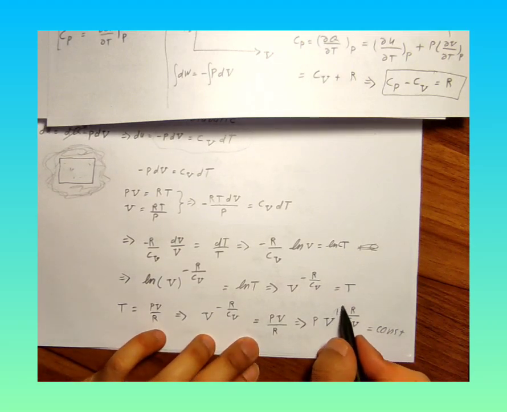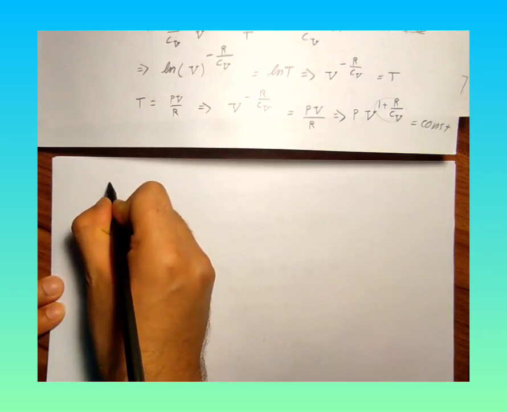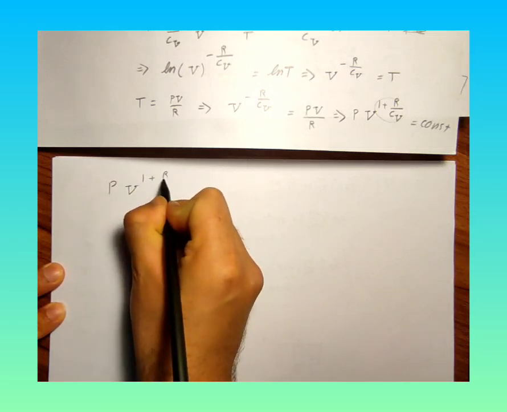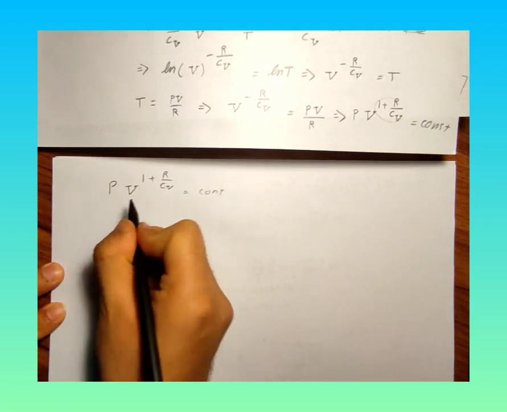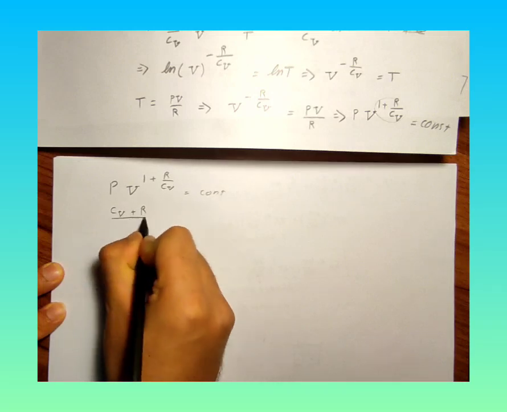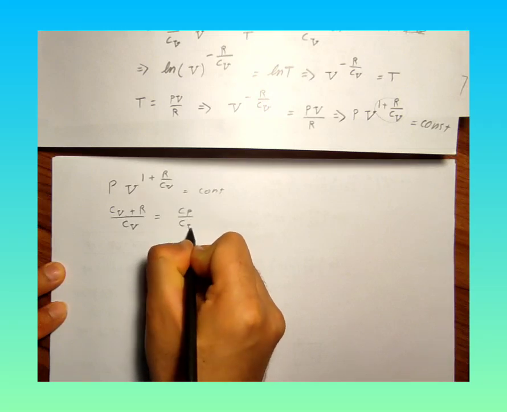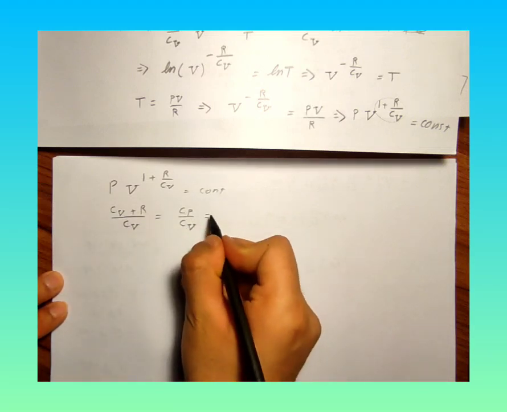Okay, what is the power? The power here, this is our relation, P V to the power of 1 plus R over Cv is equal to constant, and the power is Cv plus R on Cv, which is equal to Cp on Cv, because if you remember, we calculated a few minutes ago that Cp minus Cv is R. This is named gamma.